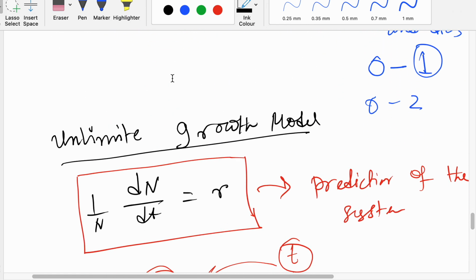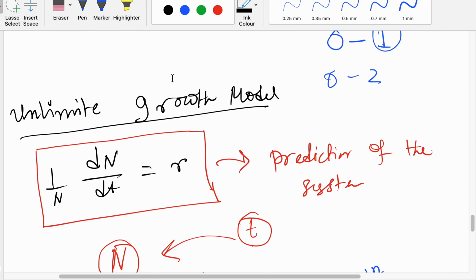Now we have seen the unlimited growth model, where we have assumed that there are a lot of resources available, and those resources are vital for living beings, meaning the populations we are studying. That resource is very essential for those populations.